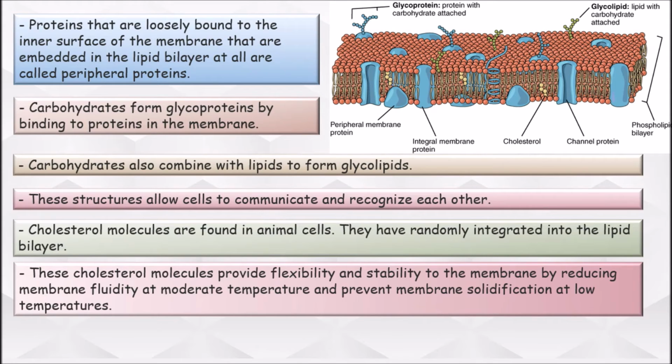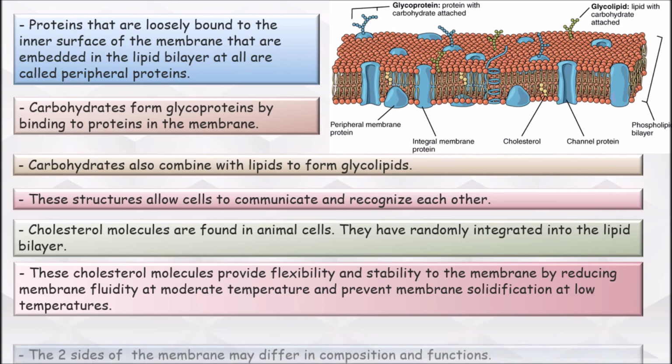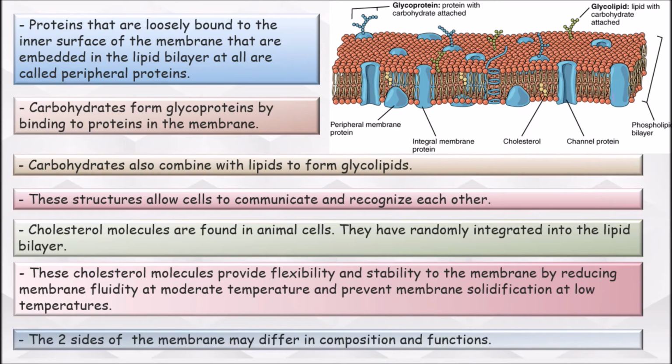That means cholesterol helps to minimize the effects of temperature on fluidity. Cholesterol keeps the phospholipids from packing tightly together at low temperatures and increases the fluidity. It also reduces fluidity at high temperatures. The two sides of the membrane may differ in composition and function.